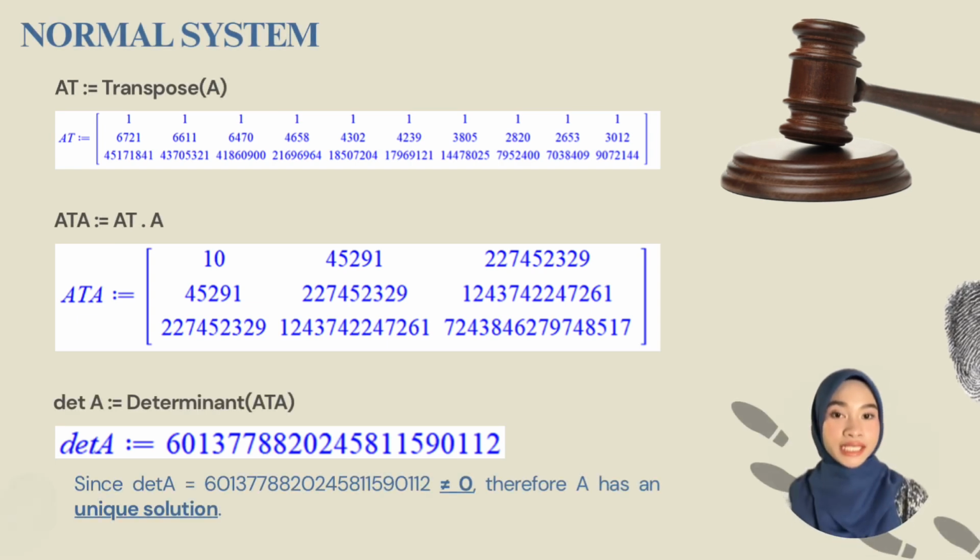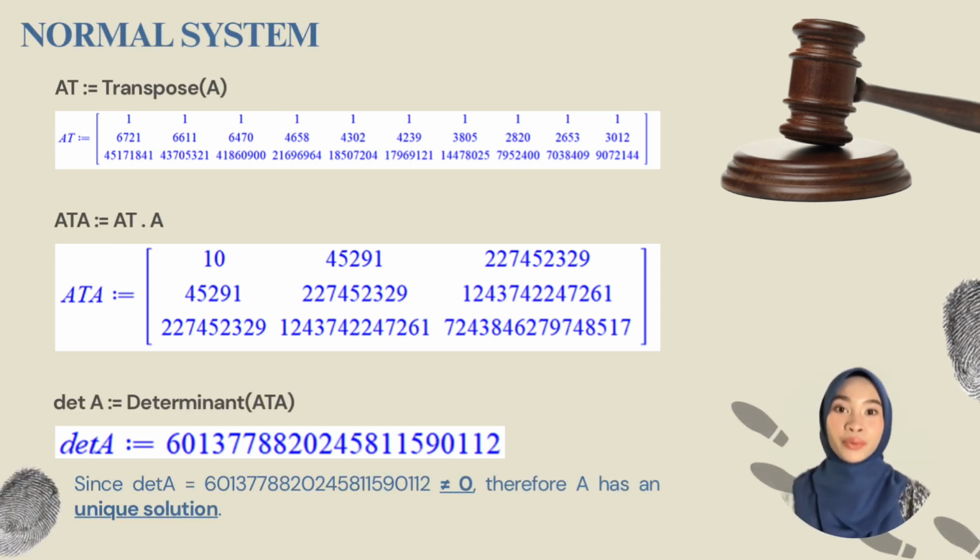Since the matrix is inconsistent, we need to use the normal system, which is A transpose A equals A transpose B. Firstly, we need to transpose A, and there is the answer.